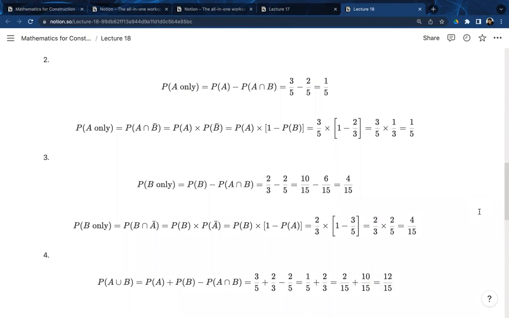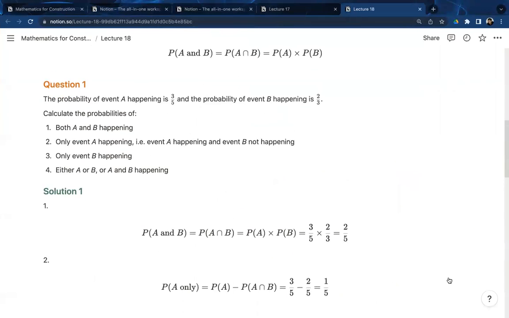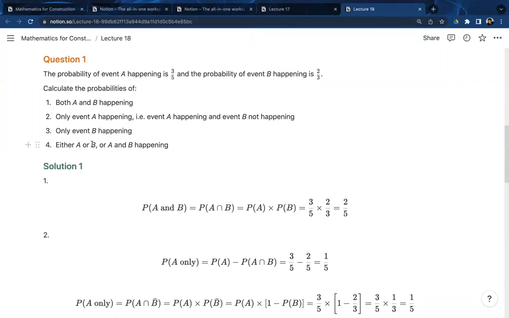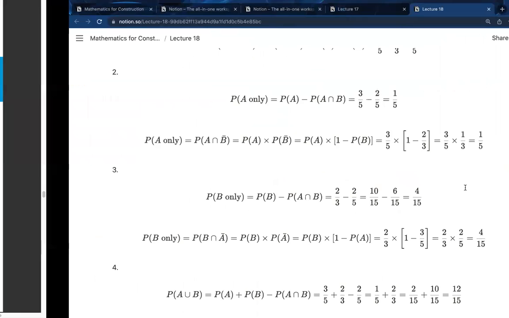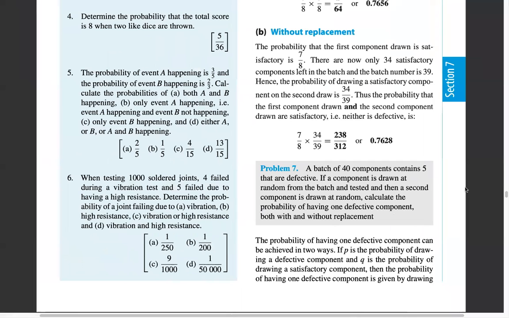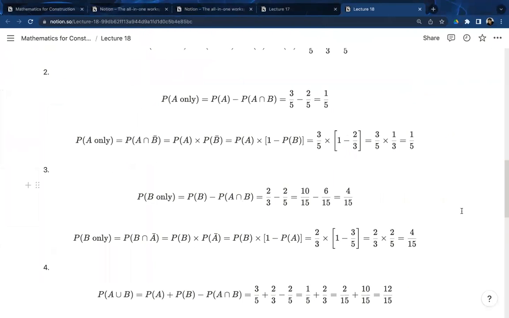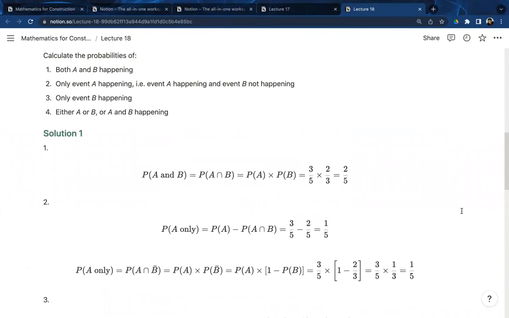See here, this is the total probability. They say either A or B, or A and B happening. So this feels like the total probability they're asking for. I get 12 over 15. But the book says 13 over 15. Right? Maybe they didn't ask the question properly.